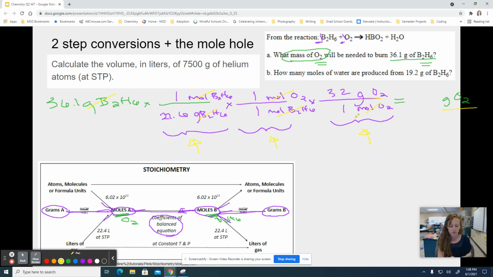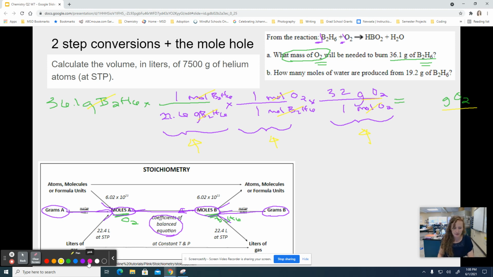So now I'm going to go through with my calculator, multiply across the top, divide by everything on the bottom. So 36.1 times 1 times 1 times 32 divided by 27.6 divided by 1 divided by 1.